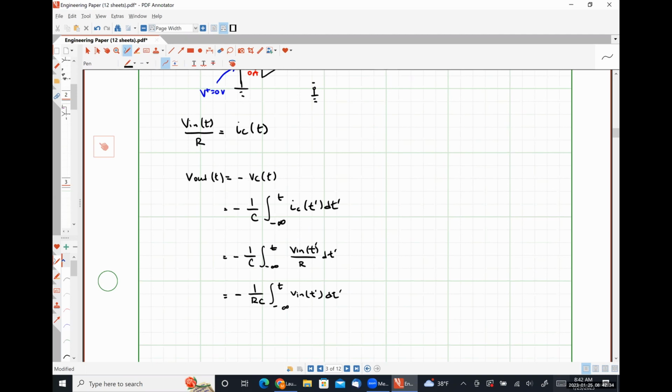Our output voltage is negative 1 over RC times the integral of our input voltage. So this is an integrator.